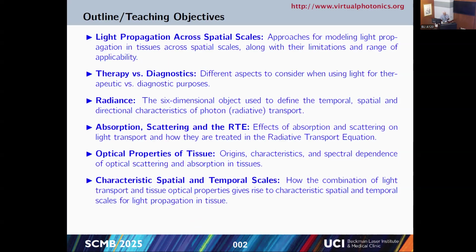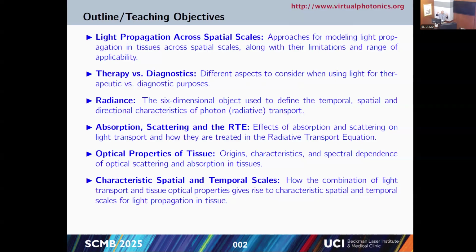And kind of the fundamental metric within radiative transport is this thing called the radiance. And it's actually a 6-dimensional object, because if you want to define the transport of neutral particles in a medium, you have 6 dimensions. You have a location in space, which is 3 dimensions in Cartesian coordinates.